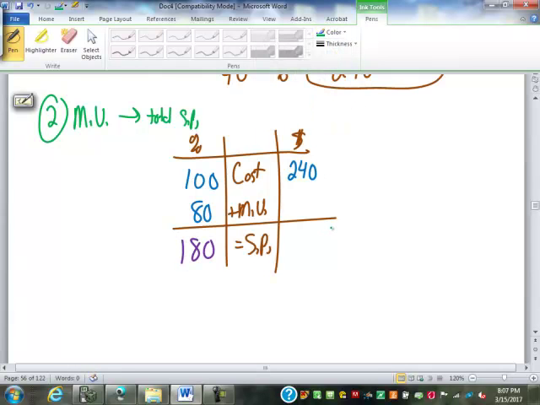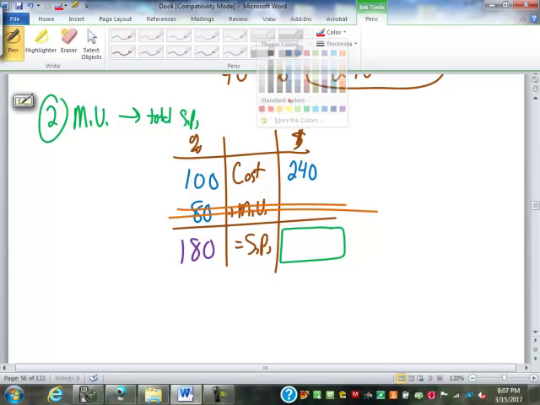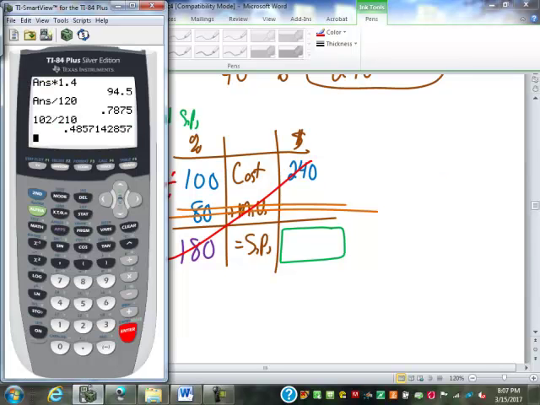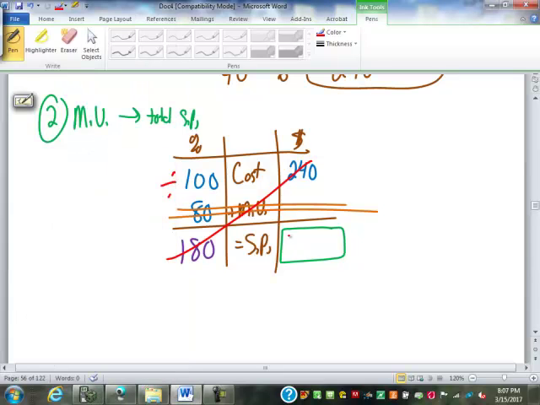And we are looking for the total selling price. Again, out with the middle row. 180 times 240 divided by 100 is 432. That is our total selling price.